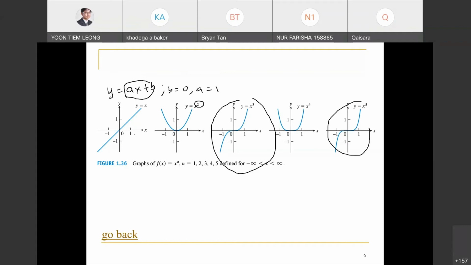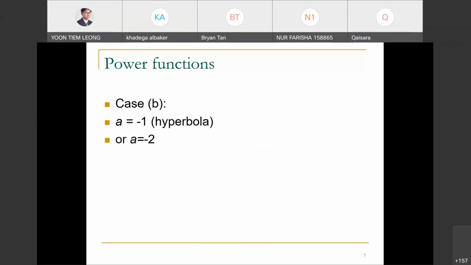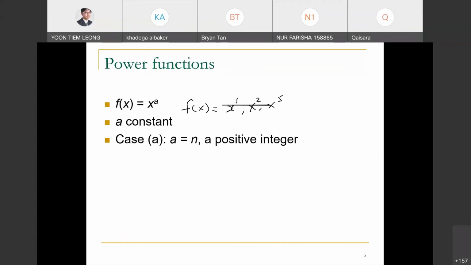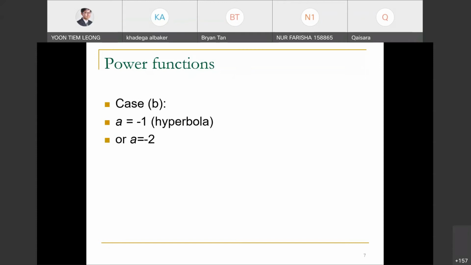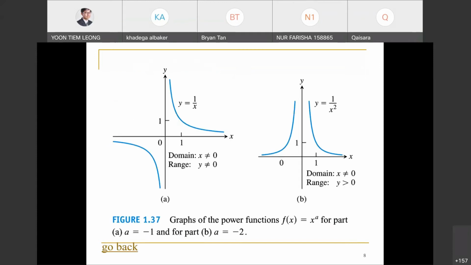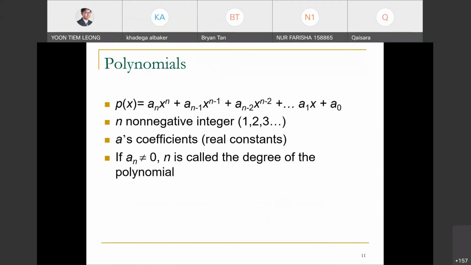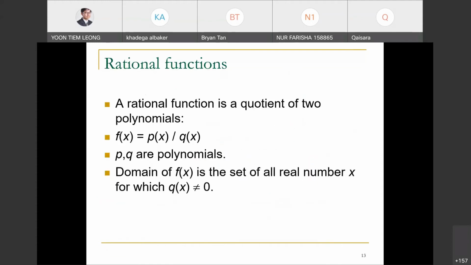We are going to look at other functions as well, power functions where the exponent takes a negative value. We are going to talk about polynomials and rational functions.